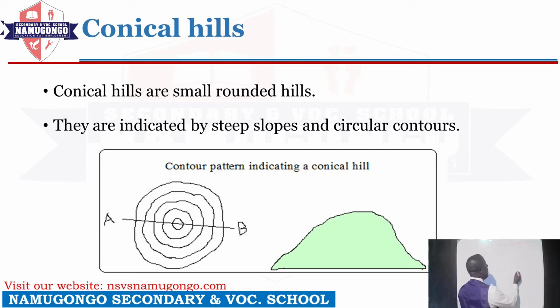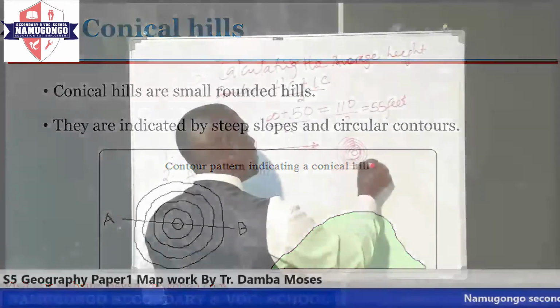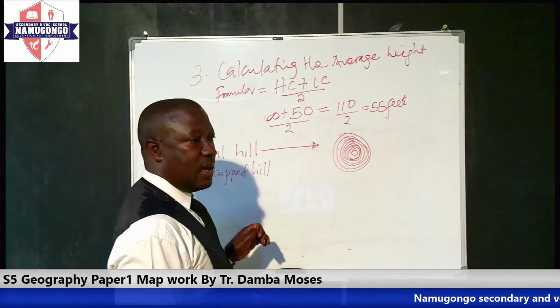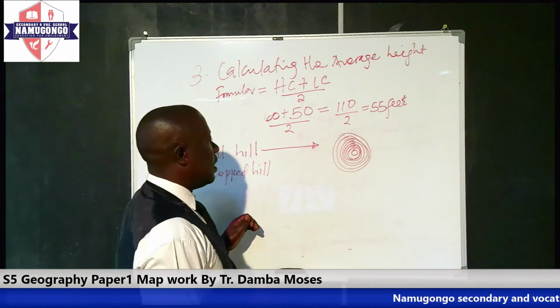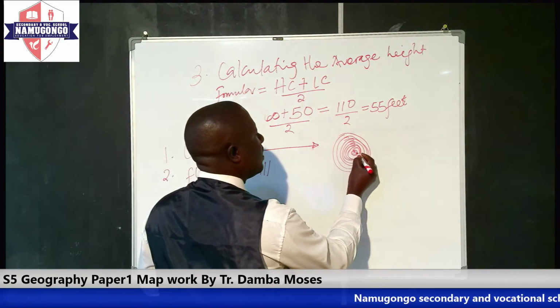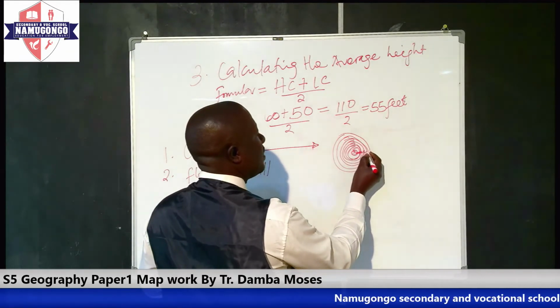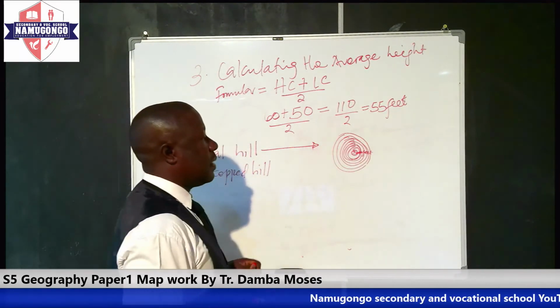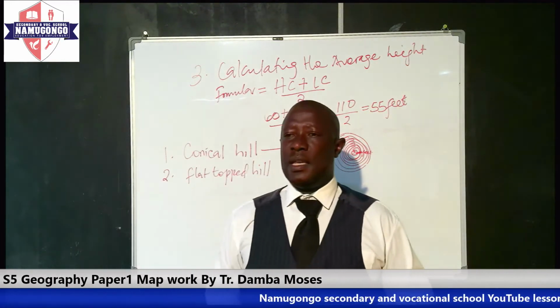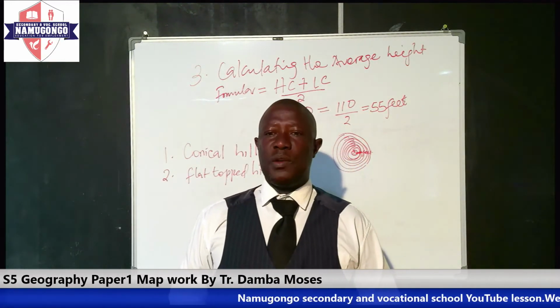So, for example, the contours might be like this, compacted on a map. This will show us that this map has a conical hill. And maybe the spot height might be at 5,000 feet. Okay? A spot height. Or it may not be a spot height, it may be a secondary trigonometrical station.